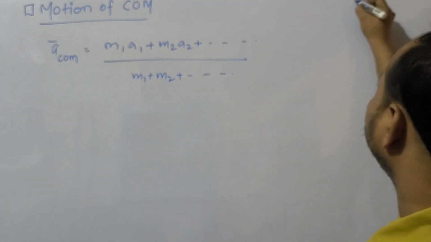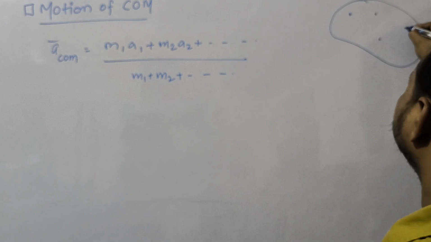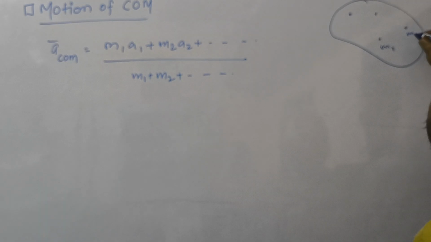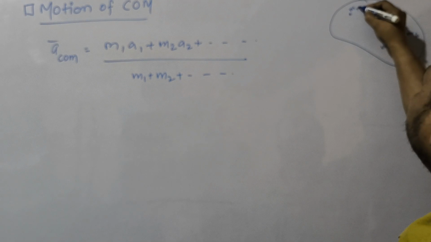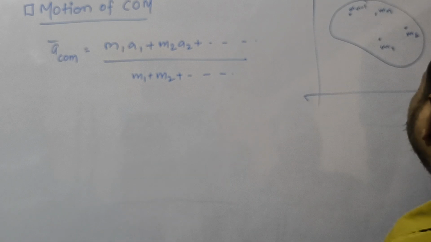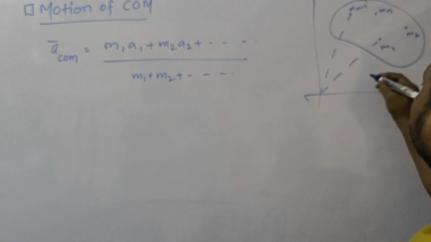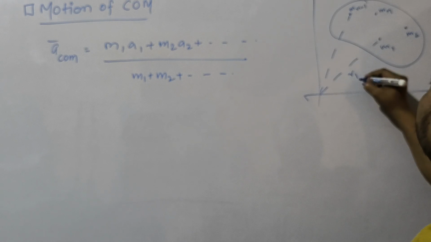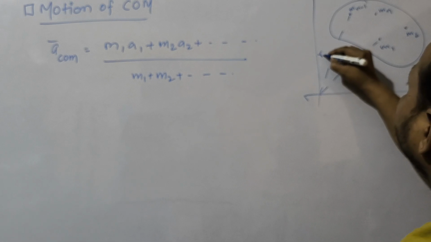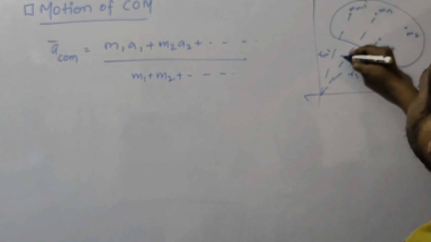If we assume a system of n number of discrete particles, let's say these are m1, m2, mn minus 1, mn, and their individual positions from the coordinate axis are r1, rn minus 1, and so on, rn.